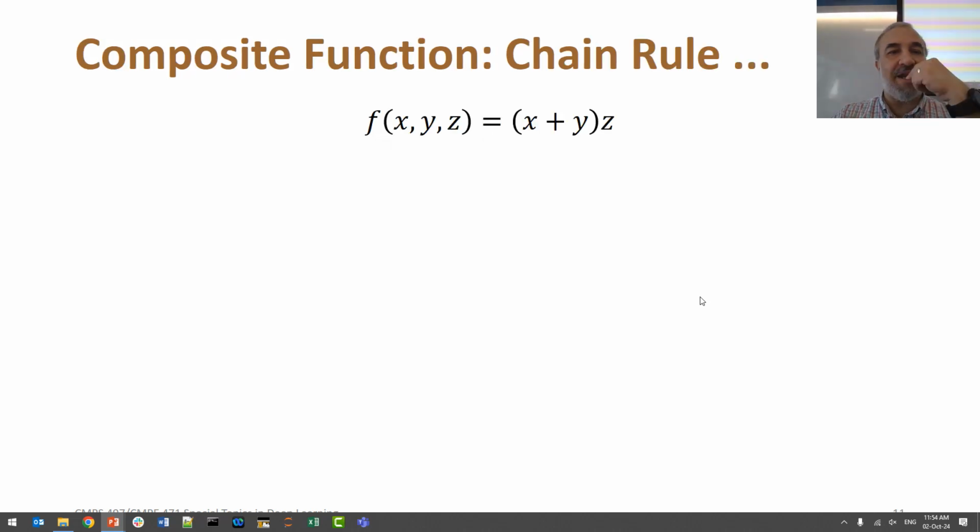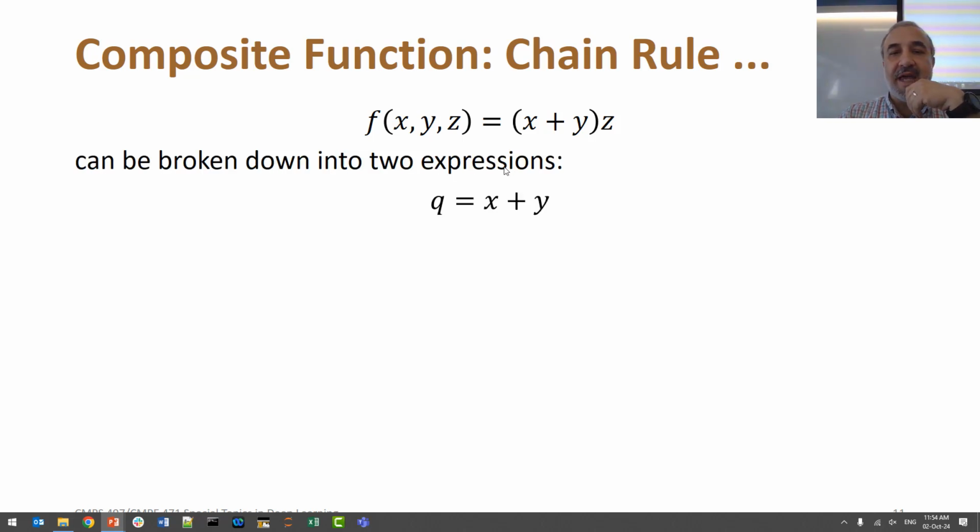Now let's make the function more complex. If the function now is x plus y times z, and still we want to compute the derivatives, one way is to decompose the function into smaller functions so that we can compute the derivatives much easier. So we will assume that x plus y we assign to q, which means that now f is q times z.